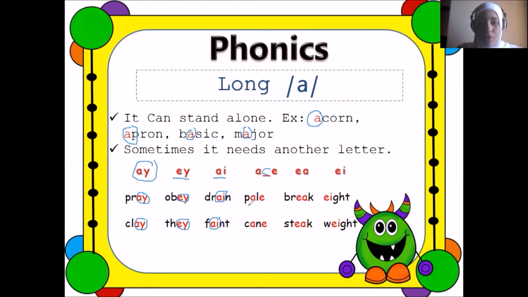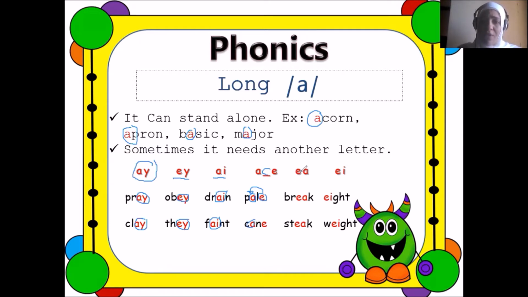So here, in this word, I have A, then consonant L, then silent E at the end. This gives the letter A the long sound, so it becomes pale. Also here, cane, long A sound.